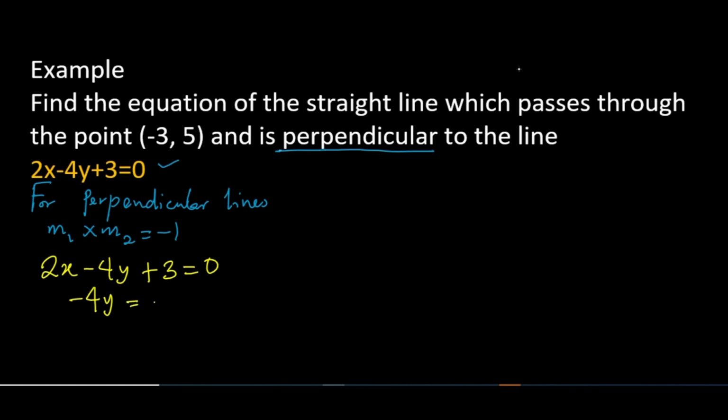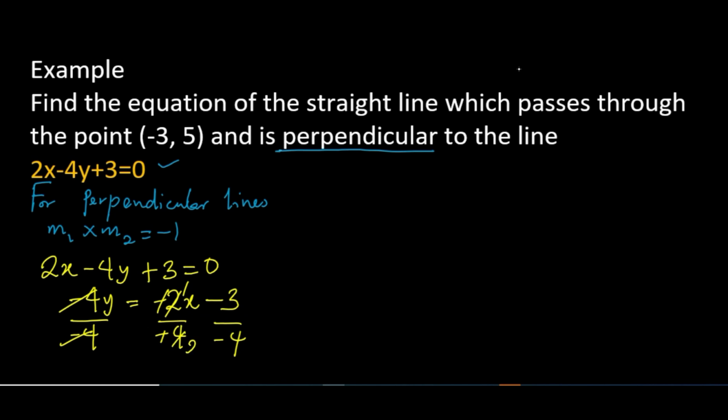So we now have minus 4y is equal to minus 2x minus 3. We divide everything by minus 4. Minus 4 by minus 4. So this one cut this.